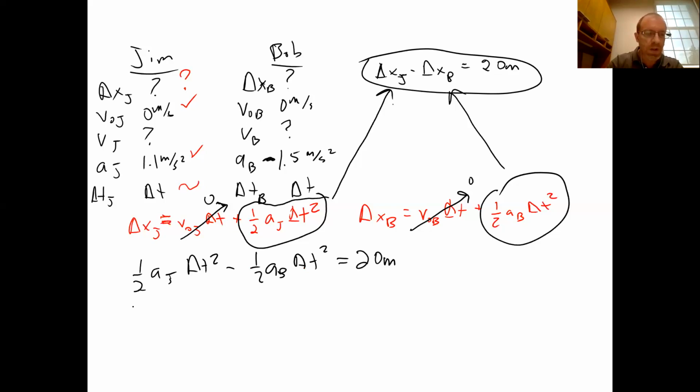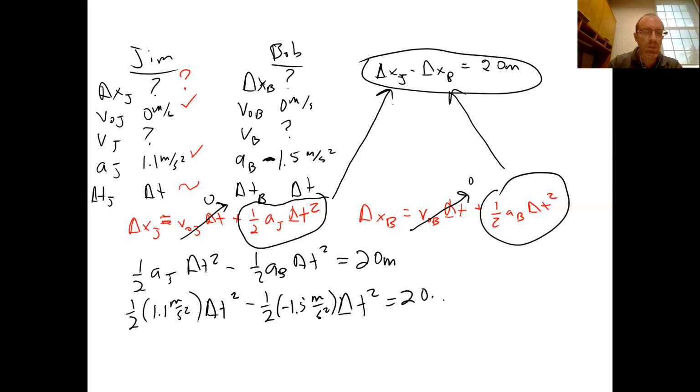Let's go ahead and stick in those values for acceleration, and then let's carry out the math a little bit.